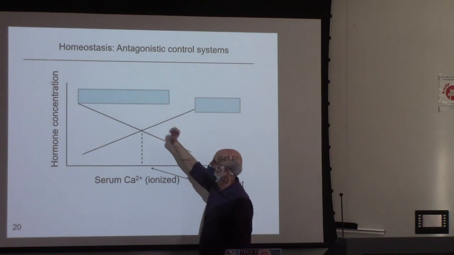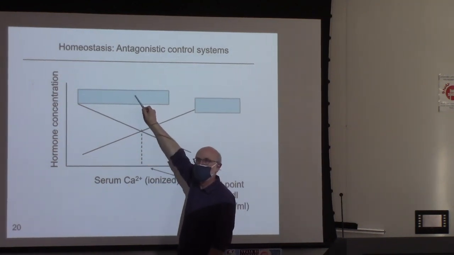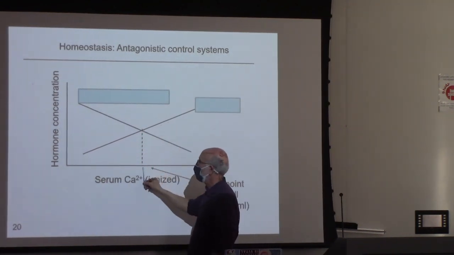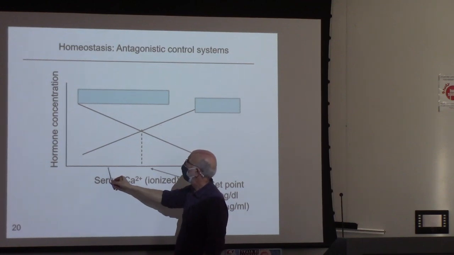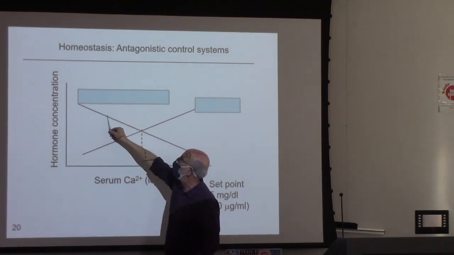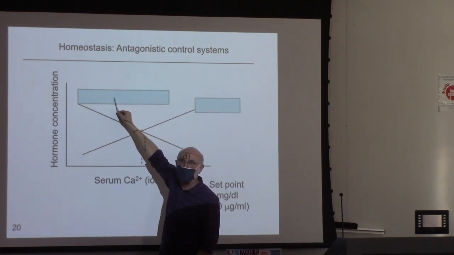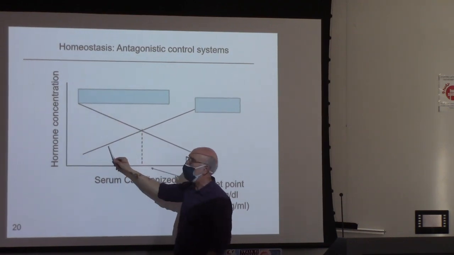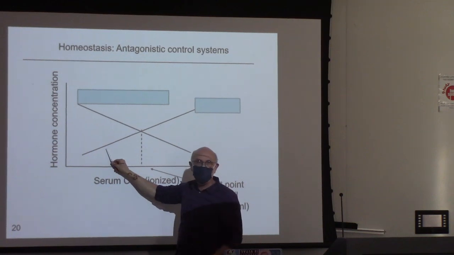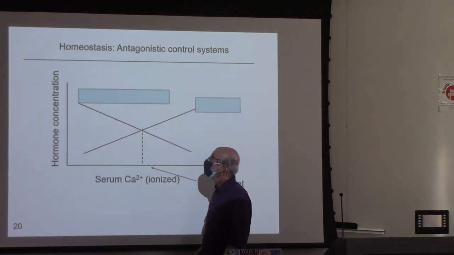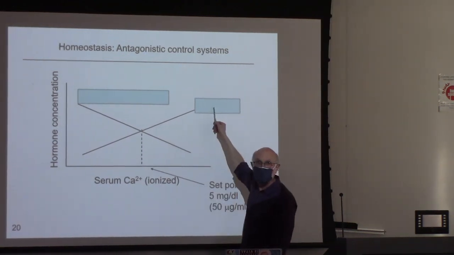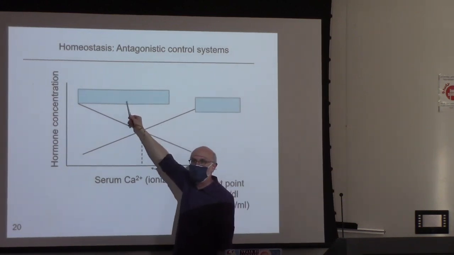Well, do this one first. What goes in this box? If serum calcium goes too low, we increase the release of what hormone? Parathyroid hormone. And we decrease the release of calcitonin. Oh. So I screwed it up. Right? Calcitonin goes here, parathyroid hormone goes here.